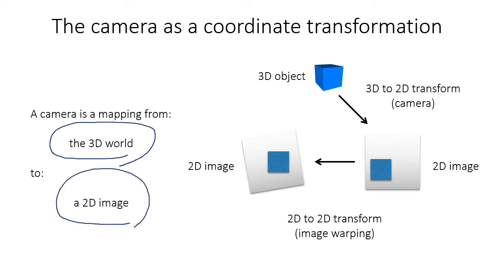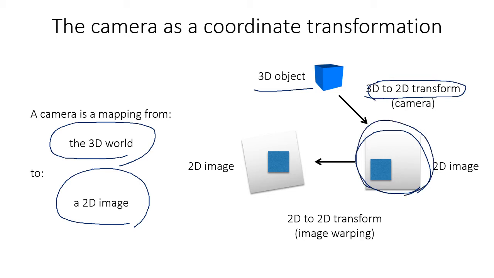In this figure, this 3D object or 3D scene is transformed to this 2D image. So the camera performs the role of a 3D to 2D transform. And when we transform from one 2D image to another 2D image, we call it image warping. We already learned image warping in the previous lecture.